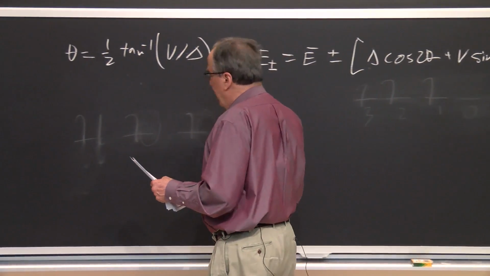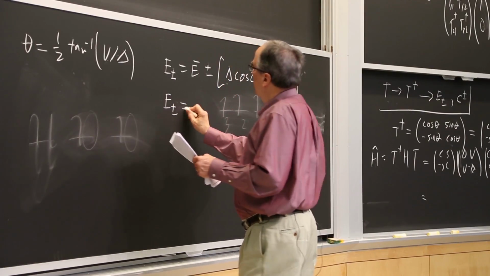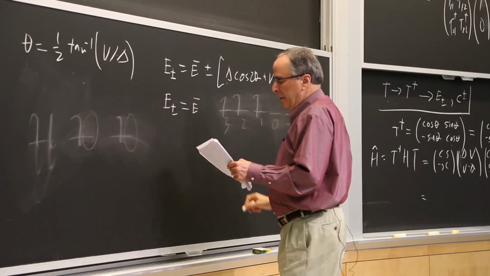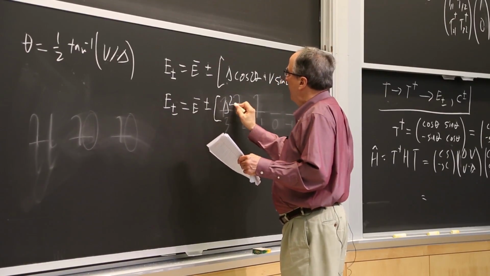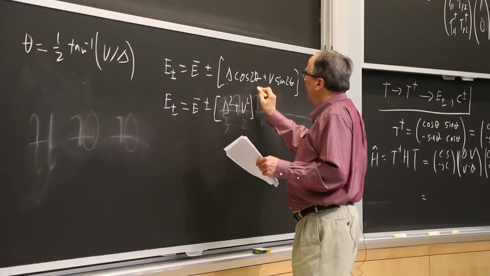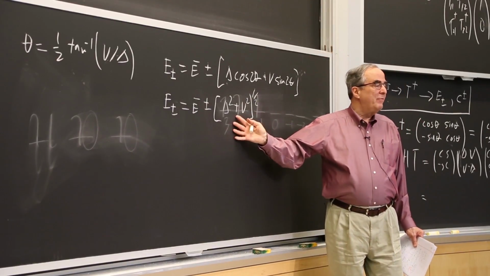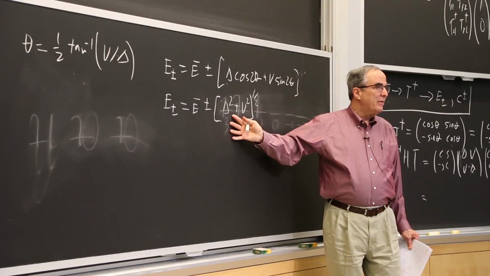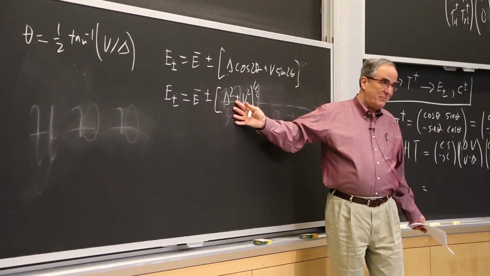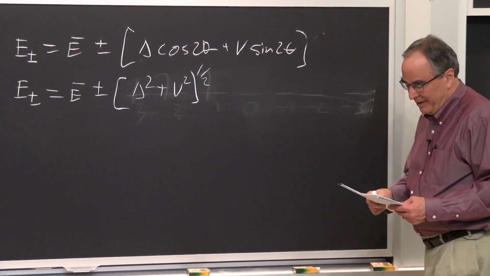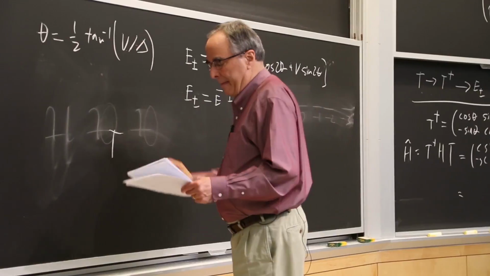And that leads to E plus minus is equal to E bar plus or minus the square root of delta squared plus V squared, and there is a square root there. And this is what we derived via the quadratic formula. We knew this, and it came out to be the same, and it better have. And we can also determine what T is.